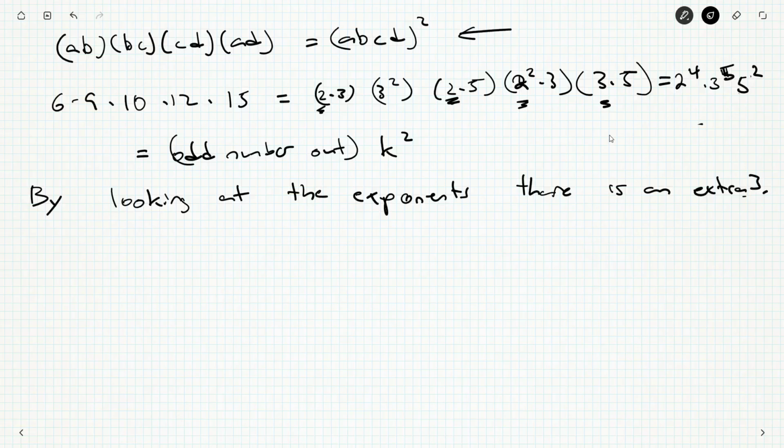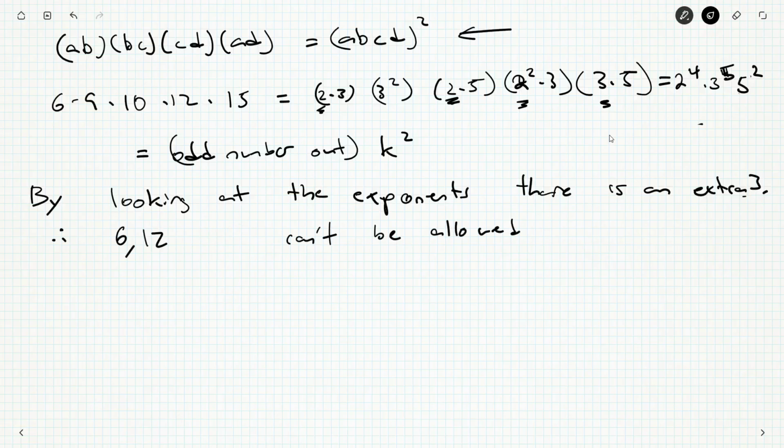So, 6 or 12 can't be allowed. You know, you remove 10, you still have the extra 3. Oh no, I guess 15.